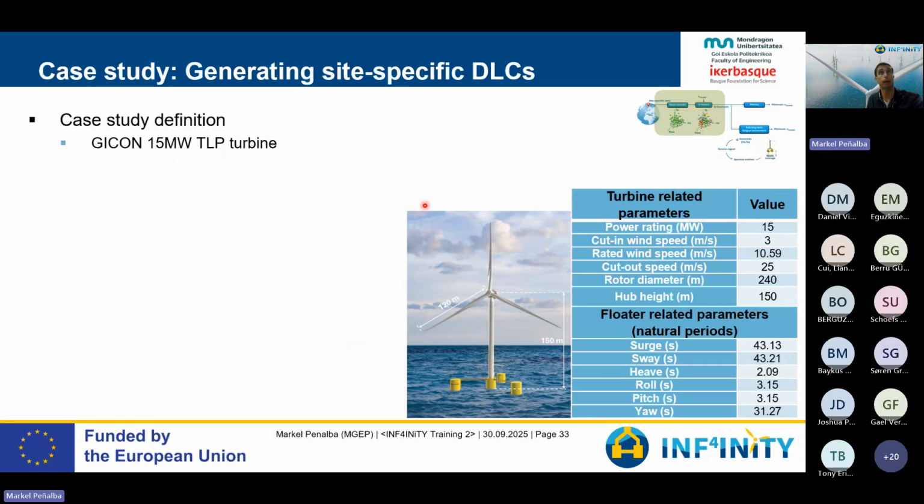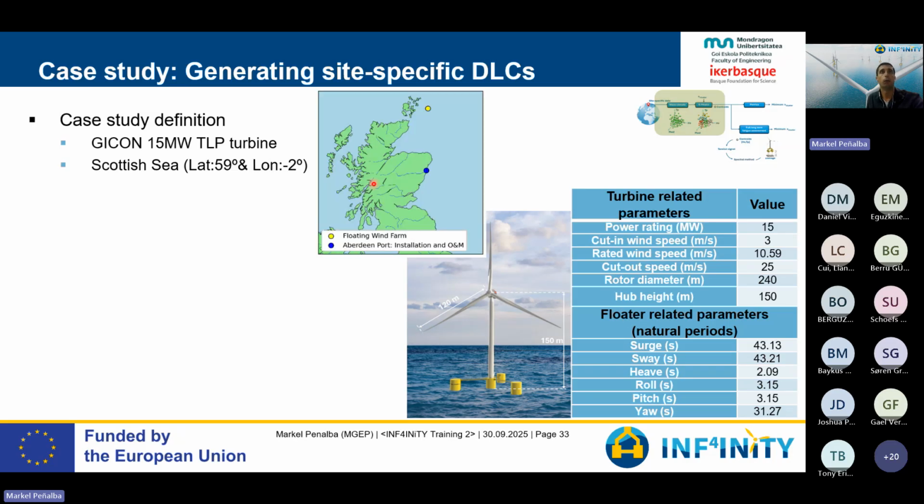So the example I'm running in this webinar is the GCON 15 megawatt TLP turbine with the characteristics you've got right here. This is the default example you will find in the graphical user interface when you download it from the website. We apply it to a specific location in the North Sea where we believe it's one of the very interesting locations to deploy a farm of floating offshore wind turbines.